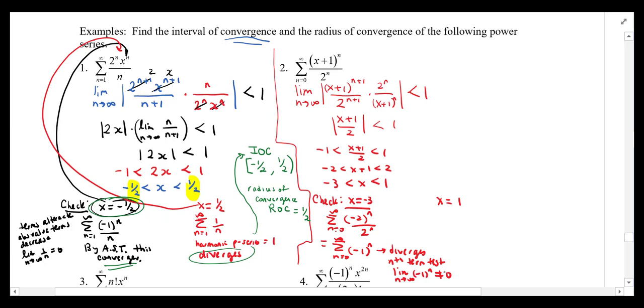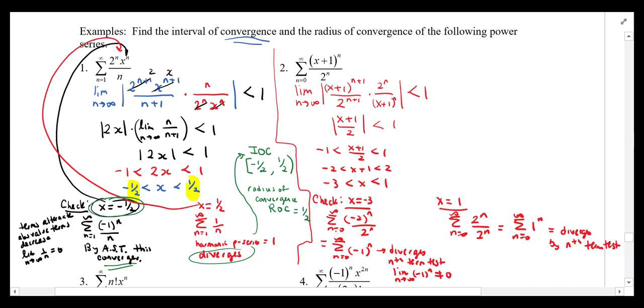Okay? And if you use x equal to 1, 1 plus 1 is 2. Interesting enough, you have this now. 2^n over 2^n, which just becomes the sum of n equals 0 to infinity of 1. Yeah, 1 to the power n, I guess. 1, whatever. This one also diverges by the nth term test.